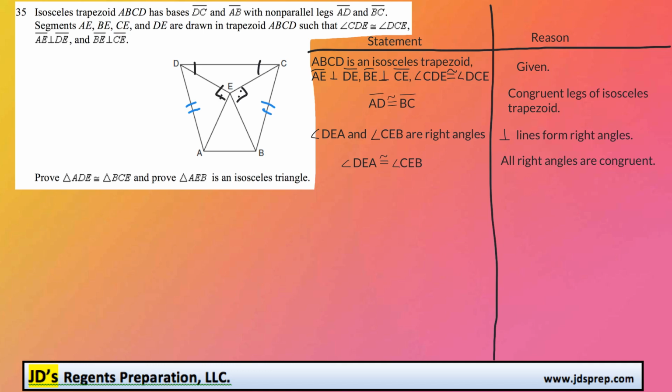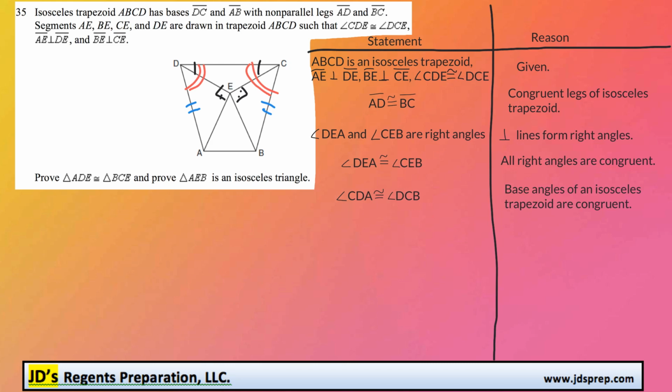They're all 90 degrees. Next, I'm going to demonstrate that the angle here and here are equal to each other. And we know that's the case because the base angles of any isosceles trapezoid are always going to be equal to each other, or congruent.